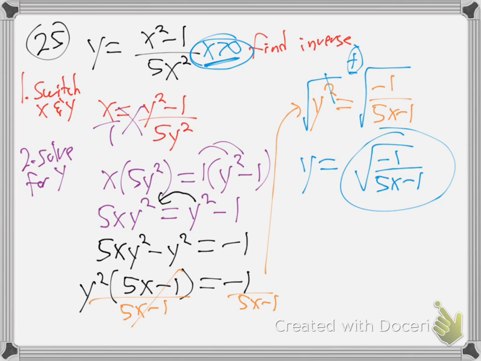So y is greater than 0. Y is only positive. That's why we don't put the minus. They had to do that because they didn't want the two options. It wouldn't have been a function. So there's the inverse. They want you to find the domain on that stuff. I just don't have time.